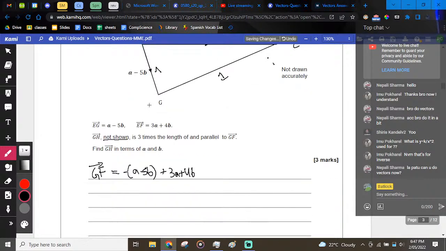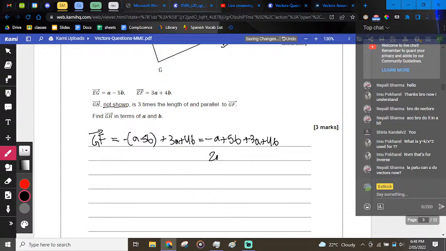Simplify that down. Minus a plus 5b plus 3a plus 4b. It's going to look like 2a plus 9b. G to F is 2a plus 9b.